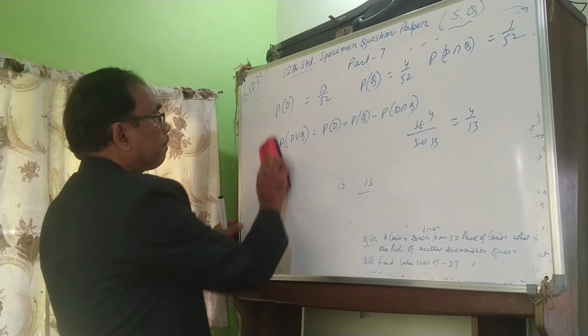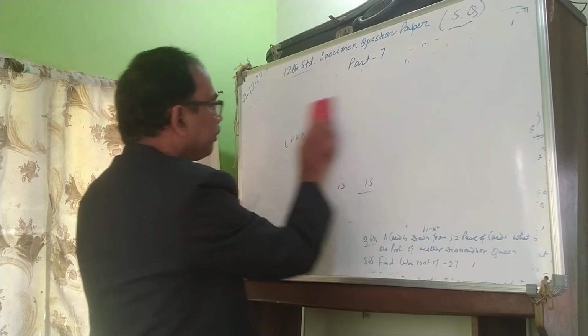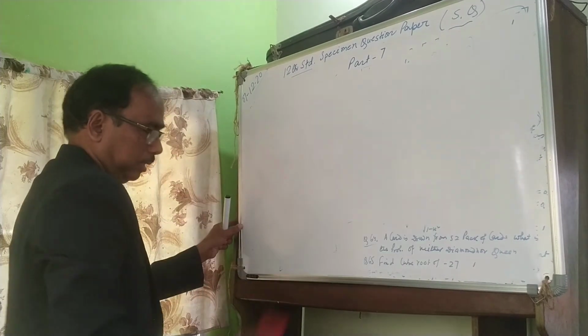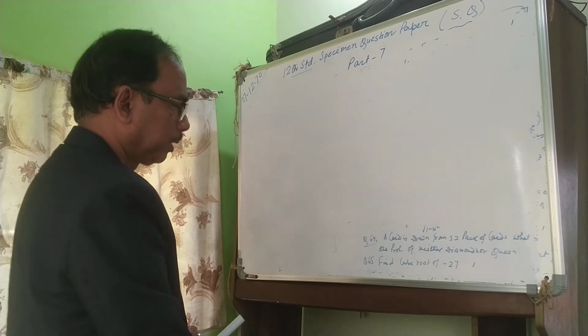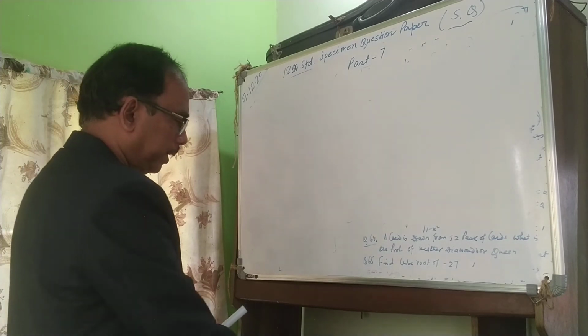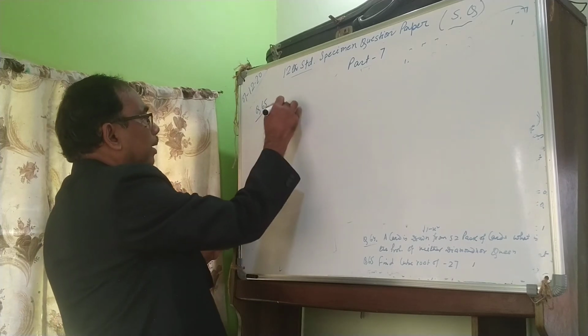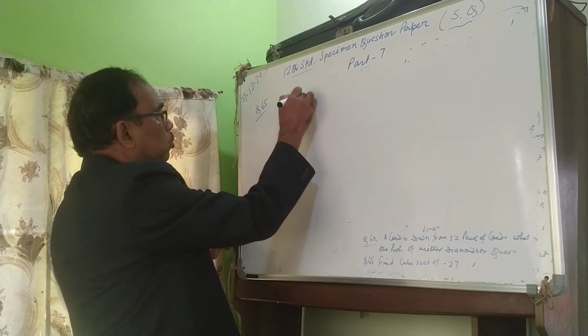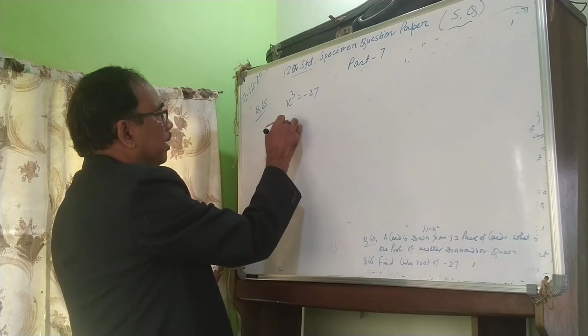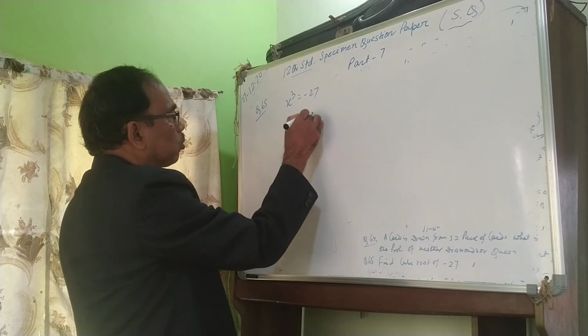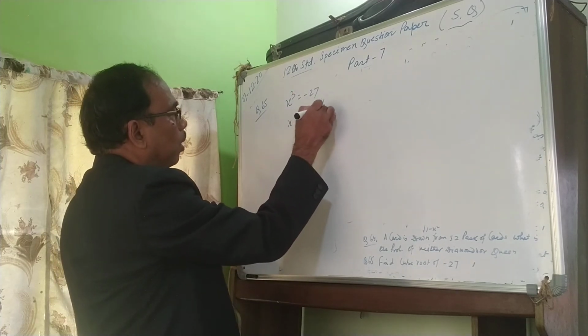Next, sum number 65. Find the cube root of minus 27. Question number 65. x cube equals minus 27. Then x equals minus 27 whole to the power 1/3.